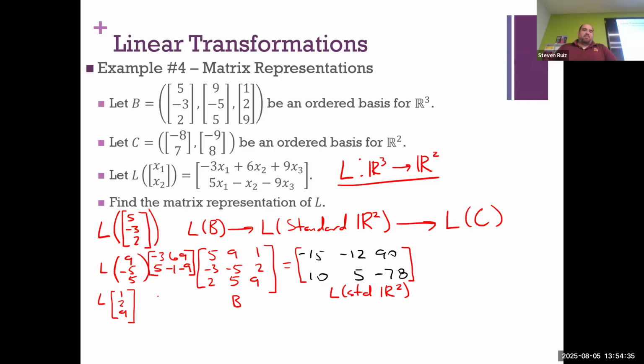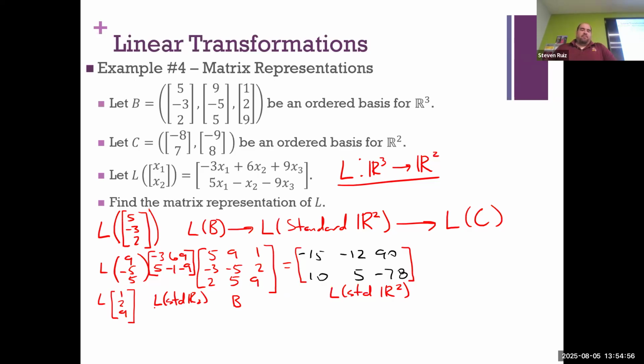These have to be in relation to the standard basis. So I need to find a different way to talk about these. So we're translating from the basis B to the standard basis of R2.